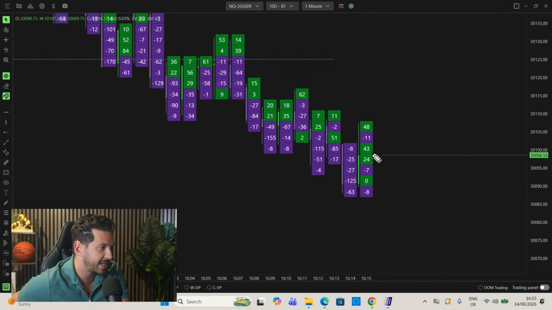So I'm just watching it in real time. This volume I'm ignoring. What I ideally want to see is, in the next candle, maybe within this area, big sellers come in, right?